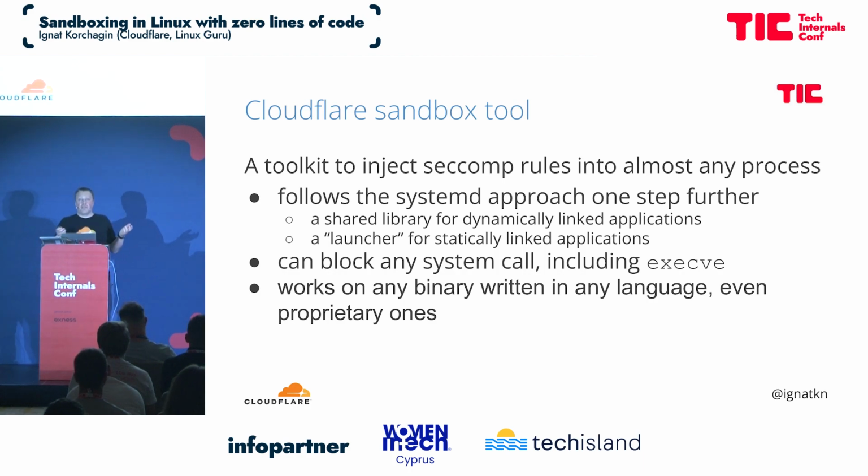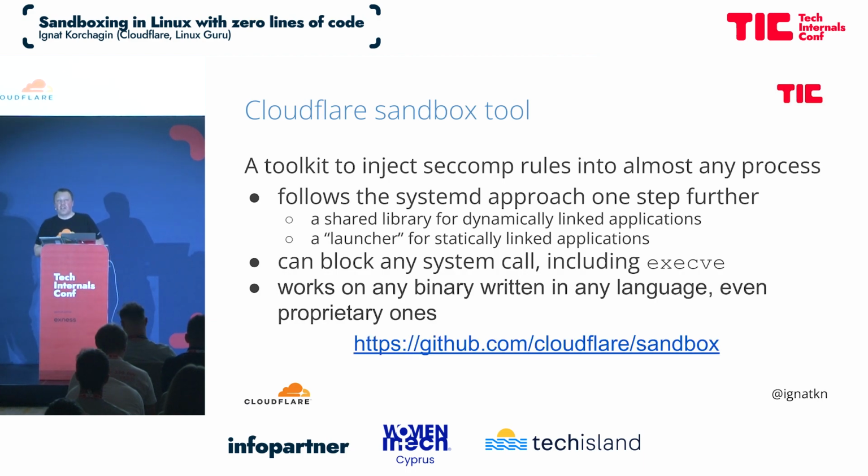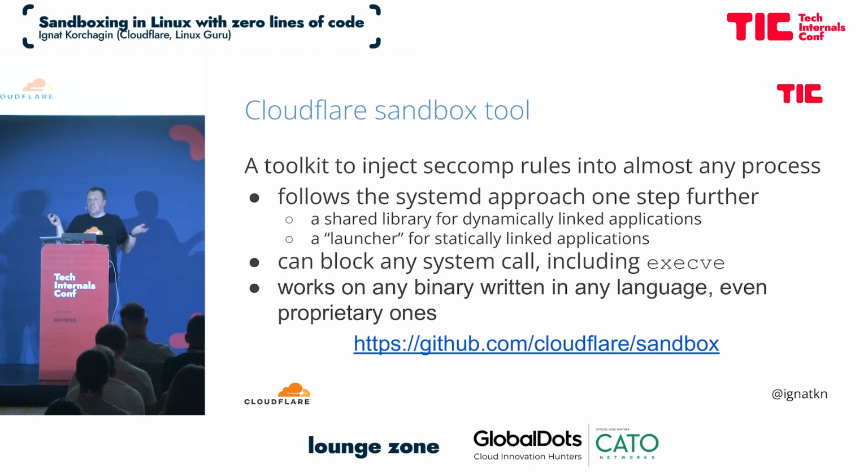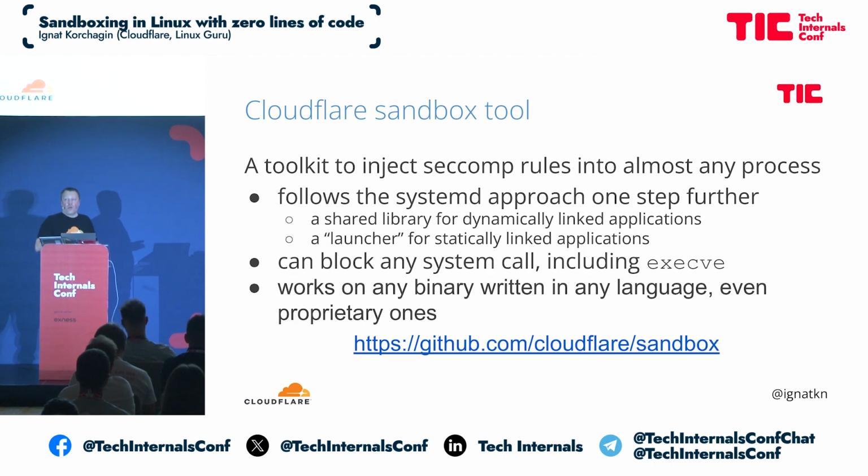Even if you have access to the source code, let's say you have a high-level Java application that uses some framework, these developers do not even know about system calls. So how do you sandbox that application? And the best part, it's open source, so you can go and take it and use it.